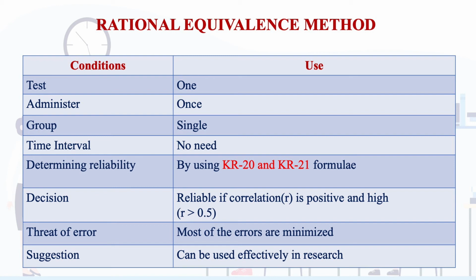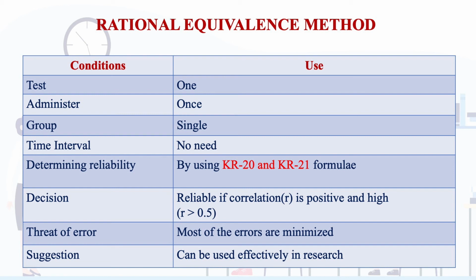That means Kuder and Richardson have also developed another formula for determining reliability in the rational equivalence method. So that's why these two formulas are highly popular to find out reliability. And after using these two formulas, either KR20 or KR21, if the reliability coefficient is positive and high, that means if R is greater than 0.5, then you can say that your test is a reliable test.